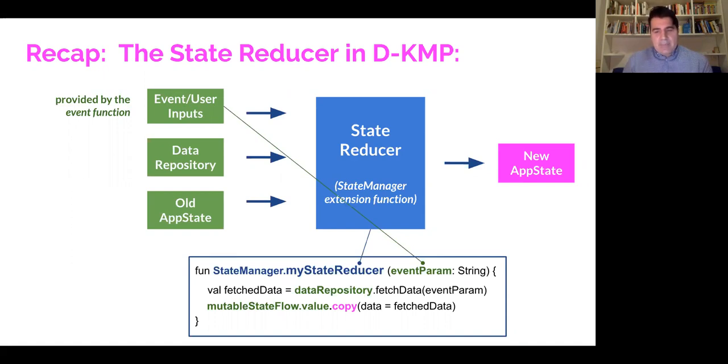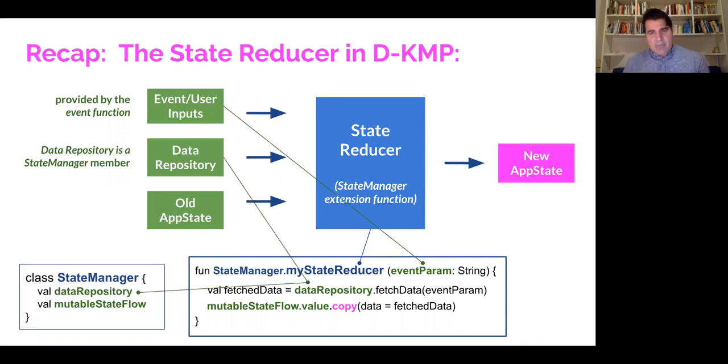And then another input of the state reducer is the data repository that we saw earlier. The data repository is one property of the state manager. So as the state reducer is an extension function of the state manager, it has direct access to the data repository.